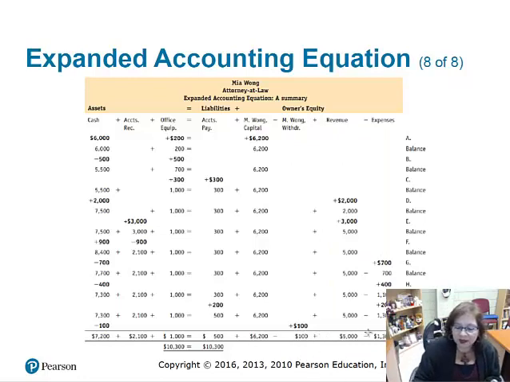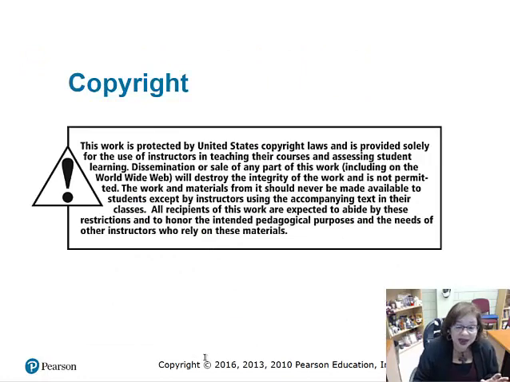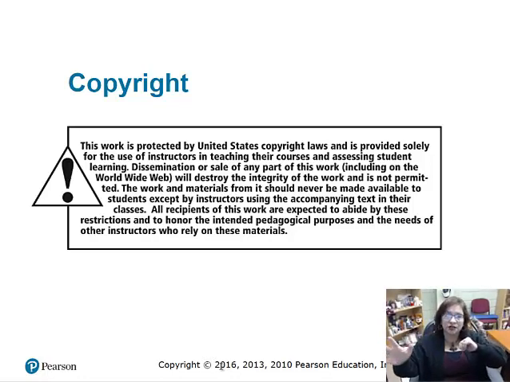So notice how everything balances out to what we just stated, the $10,300. That's now using the expanded equation, assets equal liabilities plus owner's equity, expanding it to include revenue, expenses, and a withdrawal. Okay, so this is part 2.